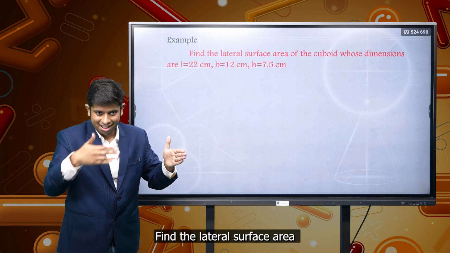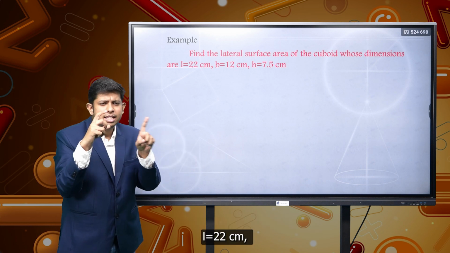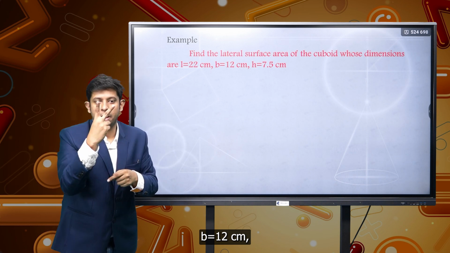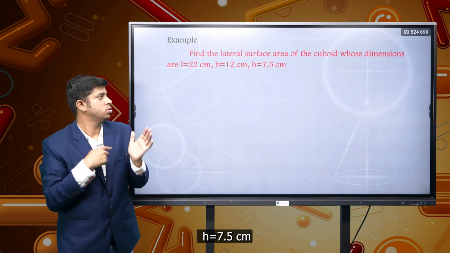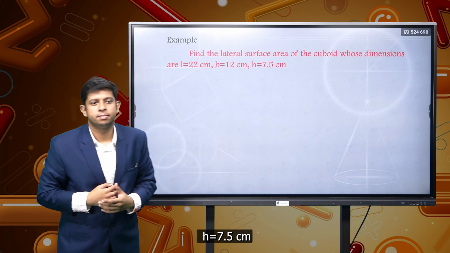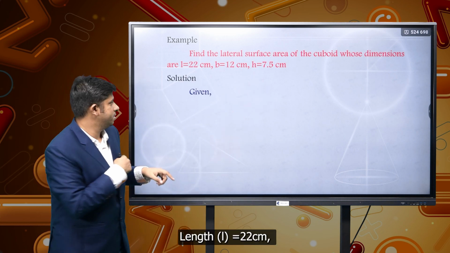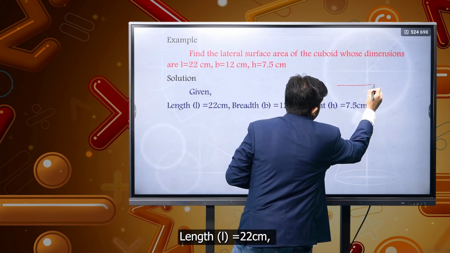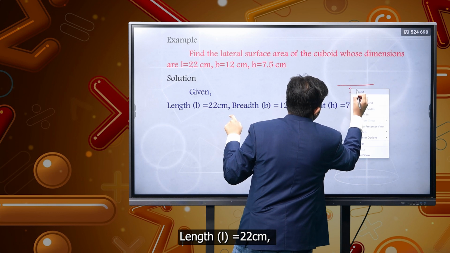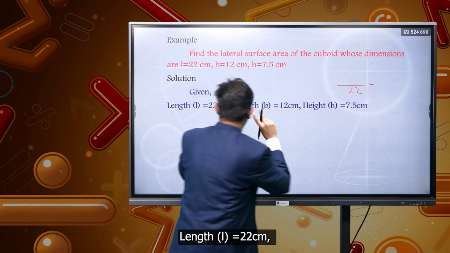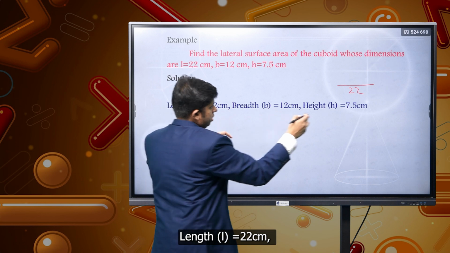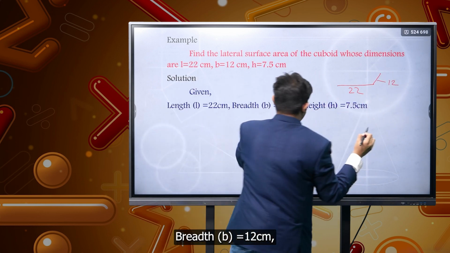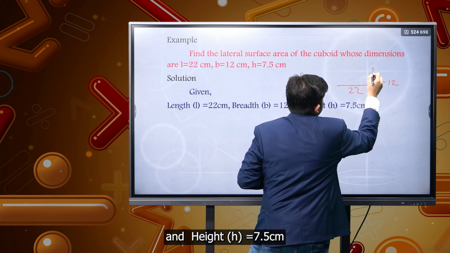Find the lateral surface area of the cuboid whose dimensions are L is equal to 22 cm, B is equal to 12 cm, H is equal to 7.5 cm. Solution. Given length L is equal to 22 cm, breadth B is equal to 12 cm, and height H is equal to 7.5 cm.